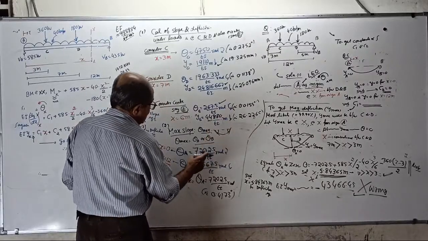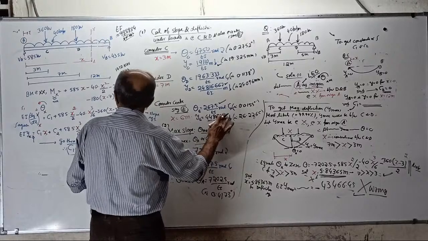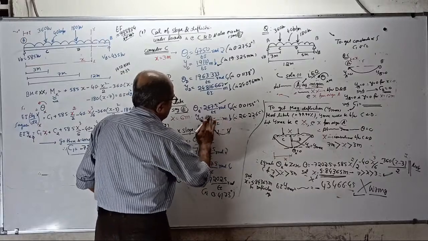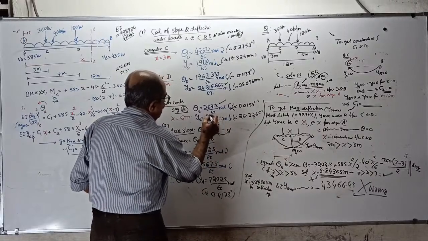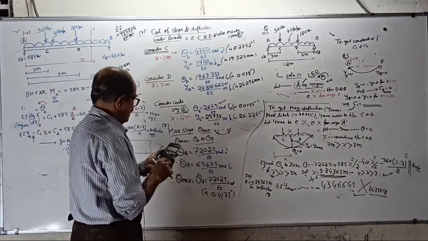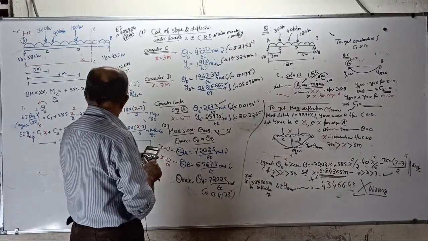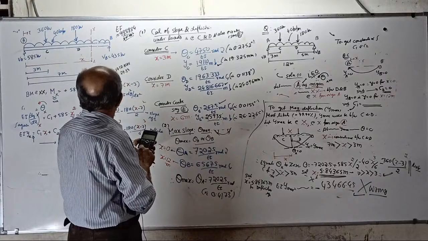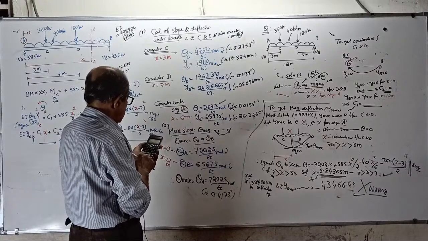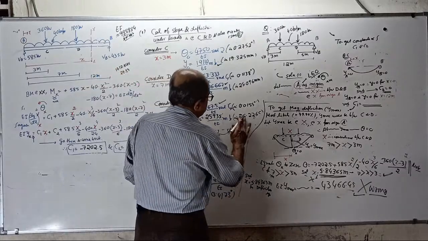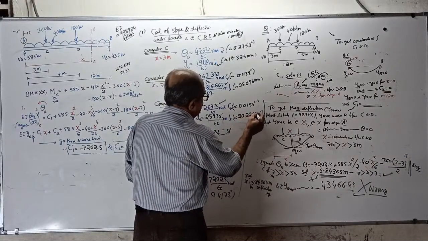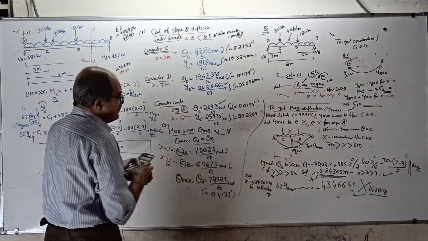Where? Here. 6 meter. 5.8. No. This is 25935 divided by 20.226. Now it comes.